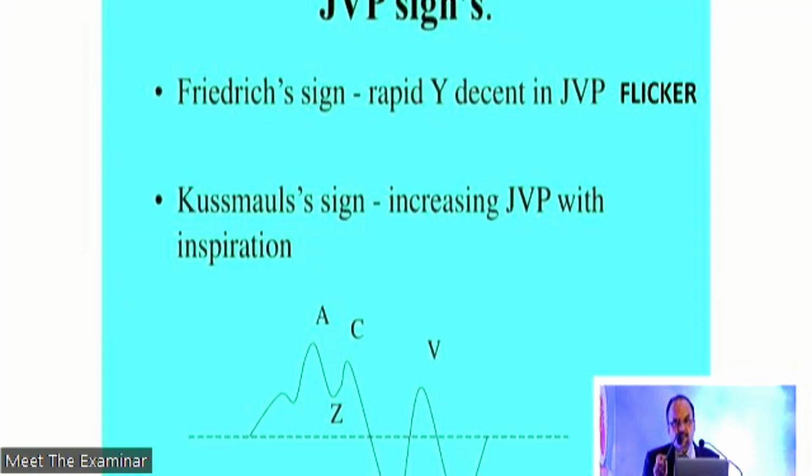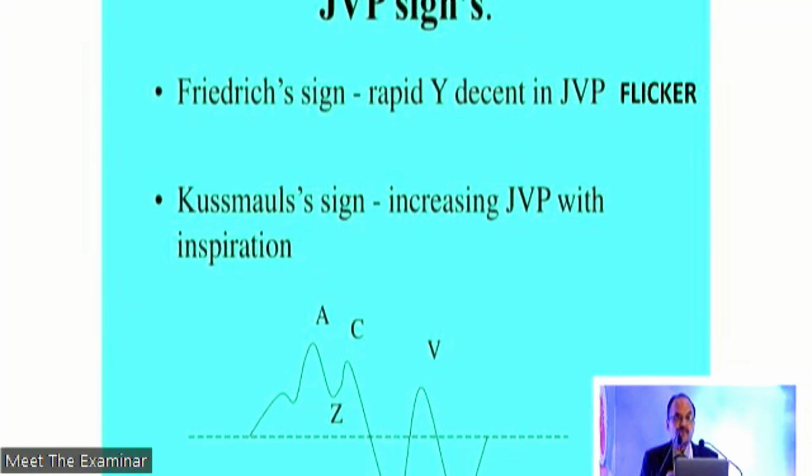So please remember, if there are two negative waves present, the X and the Y, your patient has constrictive pericarditis. In restrictive cardiomyopathy, there is a single wave and that is a Y wave.